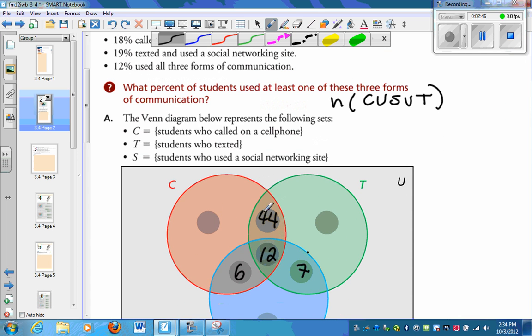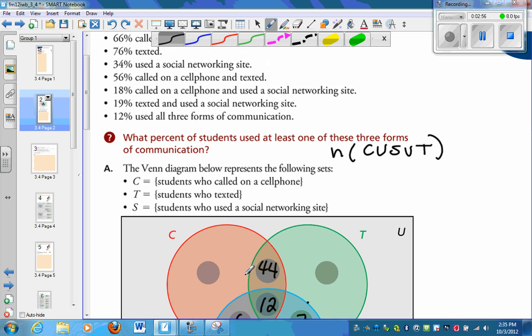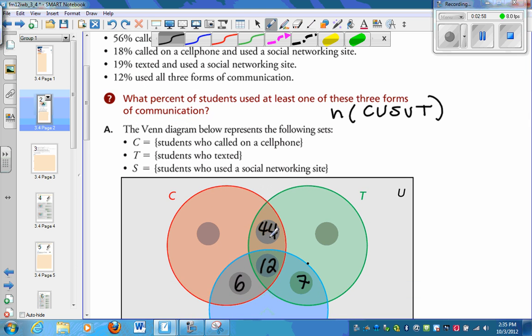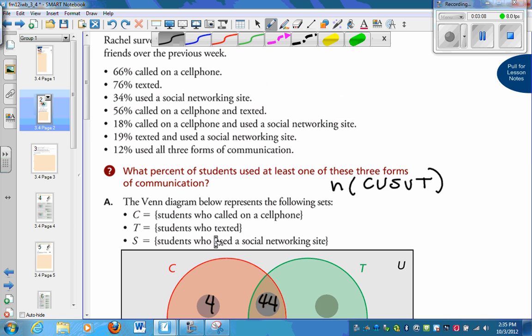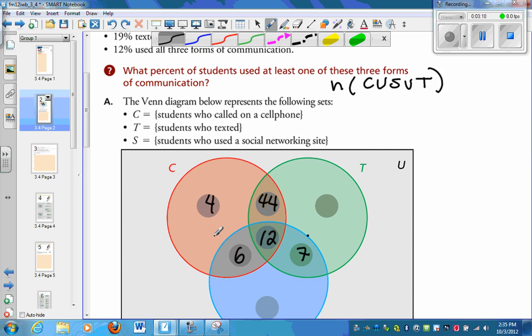Now cell phones, there's 66%, but we've already used 44, 12, and 6. So 44 plus 12 is 56, and another 6 is 62. So then we need another 4 to get to 66. Okay, what about texting? 76%. Well, 76 minus 44 is 32, minus 12 is 20, minus 7 is 13.